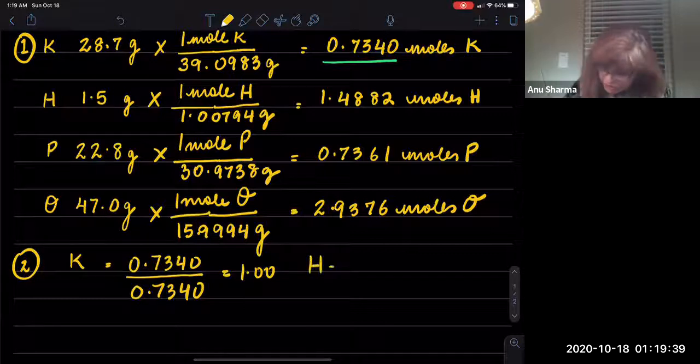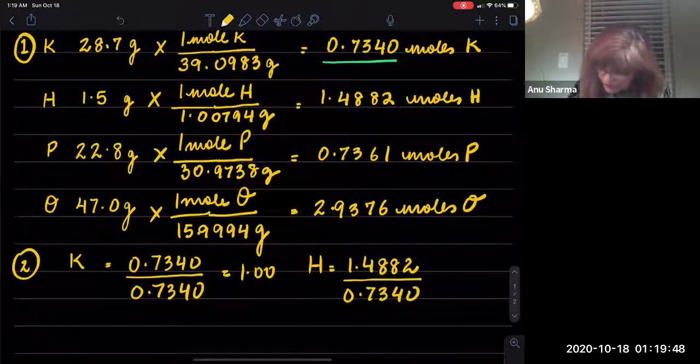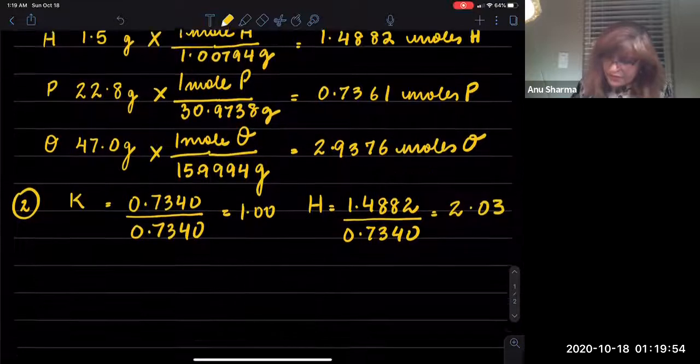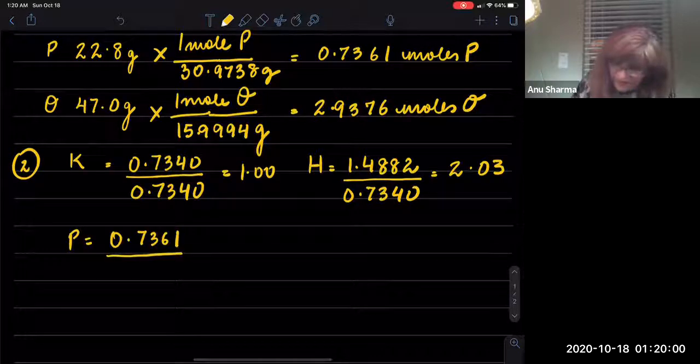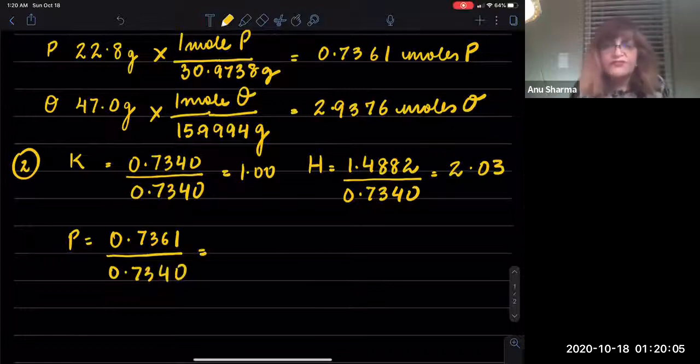Hydrogen is 1.4882 divided by 0.7340, and that gives you 2.03. Then moles of phosphorus. Phosphorus is 0.7361 divided by 0.7340, and that gives you 1.00.